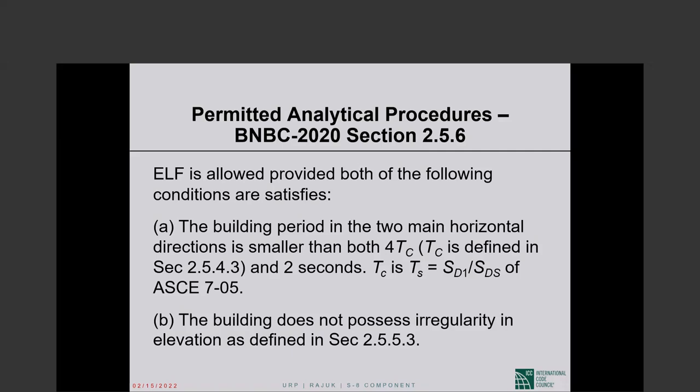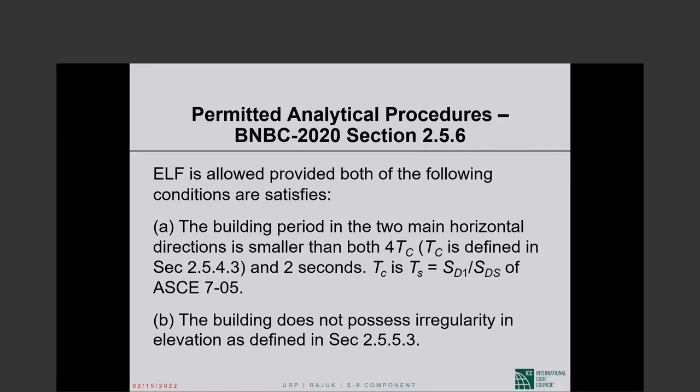The value of T sub S is typically around 0.5 second. So 4 times T sub C will also give you 2 seconds, roughly speaking. Anyway, you understand that we are talking about frames that are 20 stories tall or shorter. Those are the ones that can be designed using equivalent lateral force procedure.